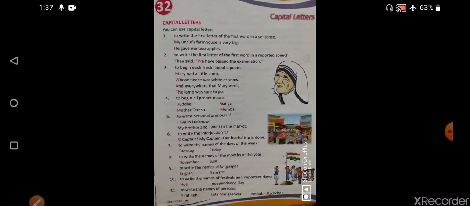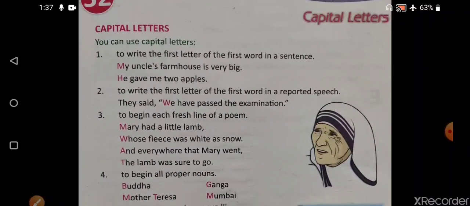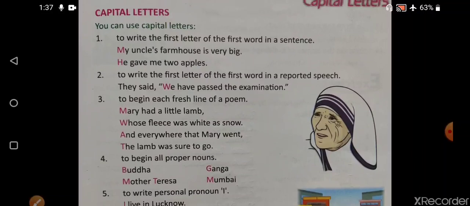Now, coming on to the next chapter, which is capital letters. You already know when you have to put a capital letter. So in this chapter, we just learn how we put capital letters and where the capital letters are put.